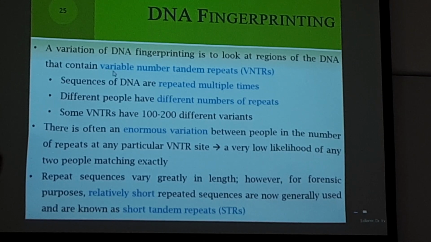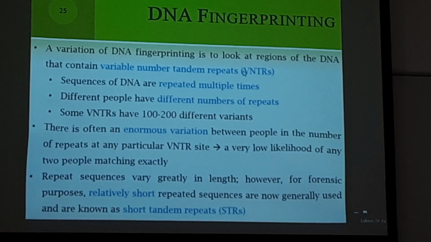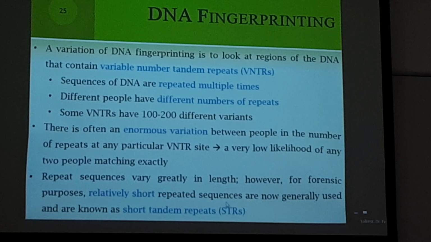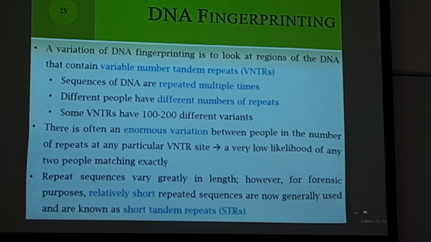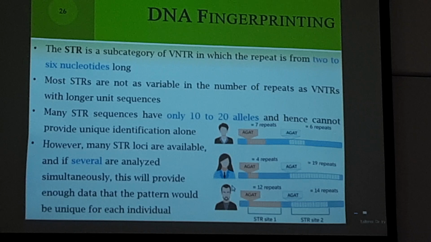We also have something more useful for human DNA fingerprinting, which makes use of variable number tandem repeats. The most commonly used one is the short tandem repeats. There are some short fragments repeated a lot, but repeated in different numbers in different individuals. So we can tell that they are different individuals by checking how many repeats they have.